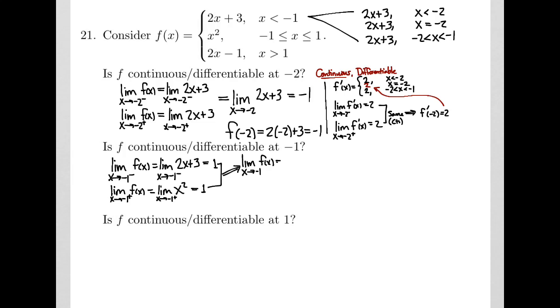There's no formula involved because they agree, the value is 1. If I plug in -1 as an input, then the rule is the second rule, so I use the input squared, -1 squared, which is also equal to 1. And since these agree, I know that f is continuous.